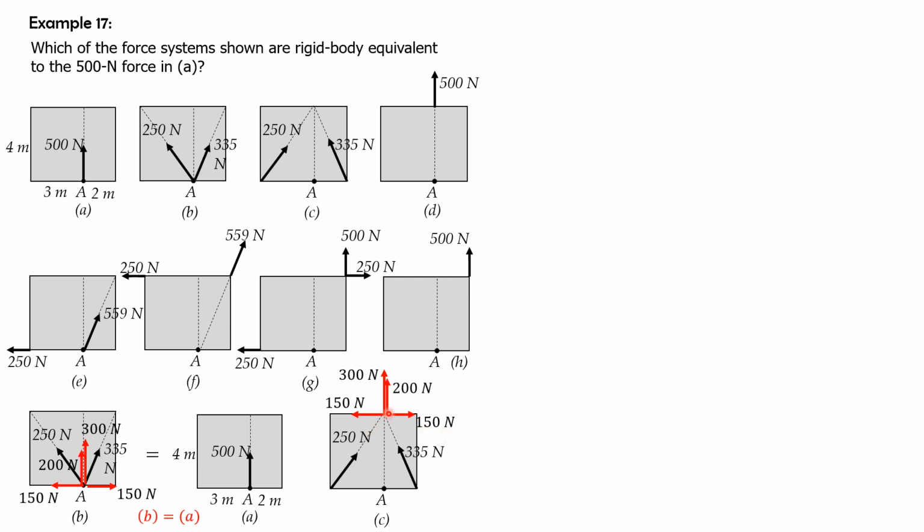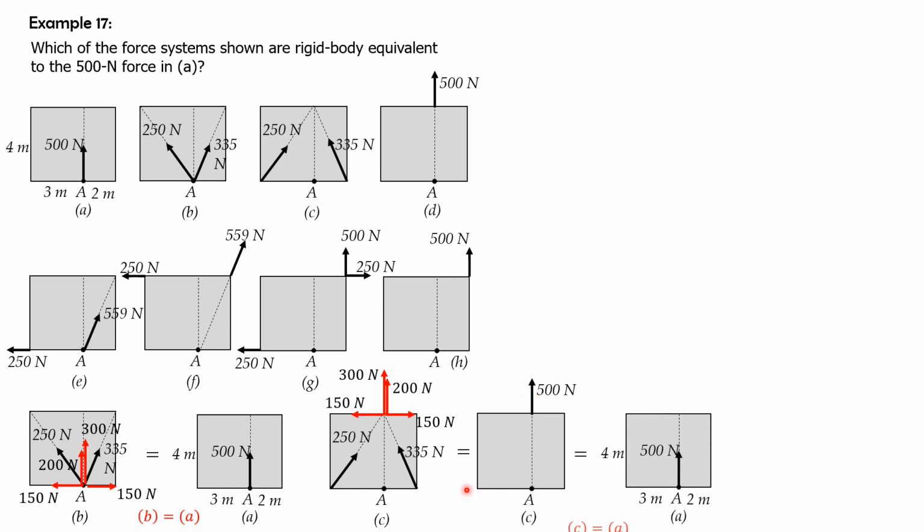So therefore, this is further equal to 500 Newton force upward acting at this point. And by principle of transmissibility, that 500 Newton force, since it lies on the line of action of the force, which is 500 Newton force at A, then you can move it at A. So therefore, force system in C is equal to that of A.